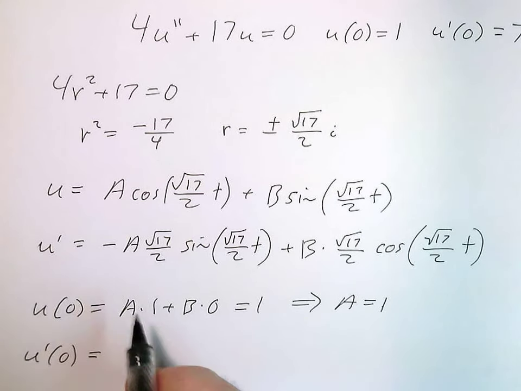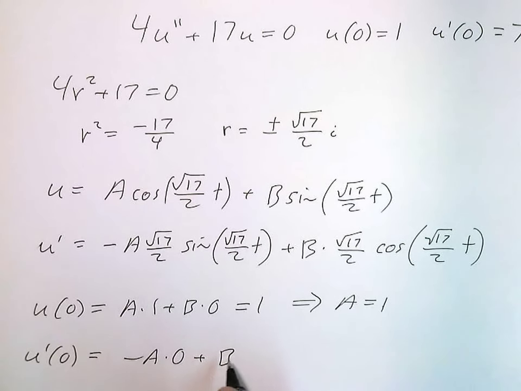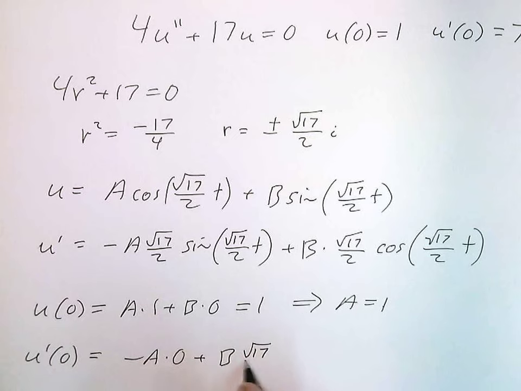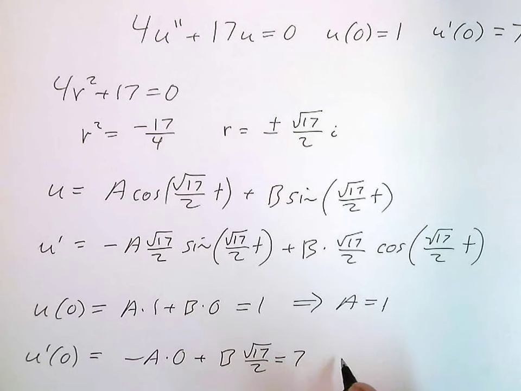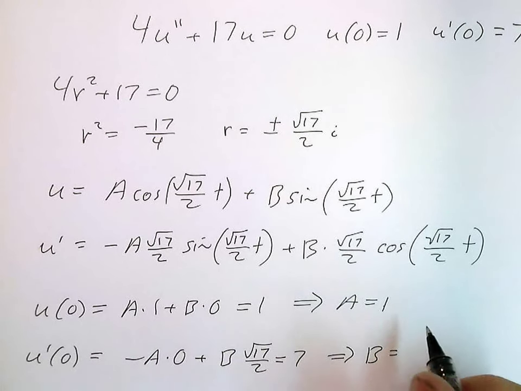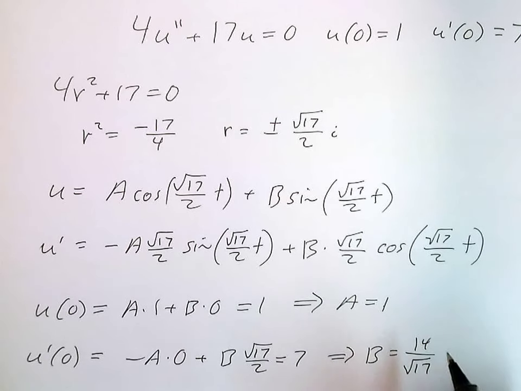So it's going to be negative a times 0 plus b times square root of 17 over 2. And this was 7. So that means b here is what? 14 over square root of 17.